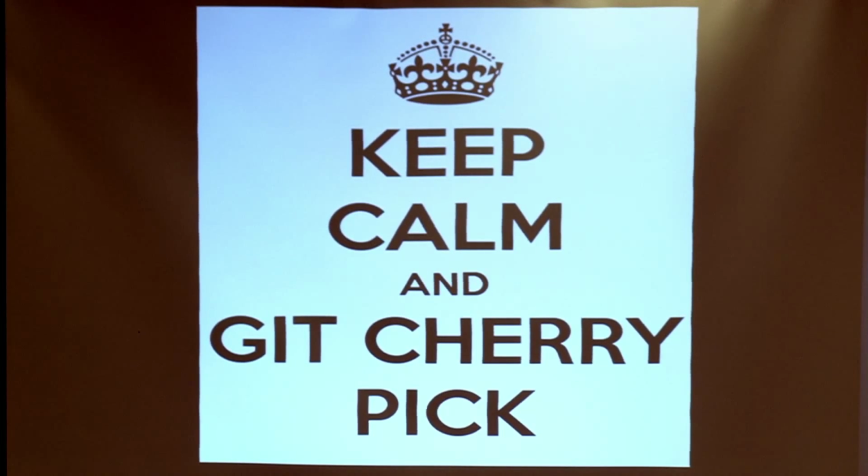So what happens when you really messed up? What you can do is git cherry-pick. Git cherry-pick is really useful when you have, like, 15 commits and half of them are not correct, half of them are, and you want to preserve the work that is actually good.